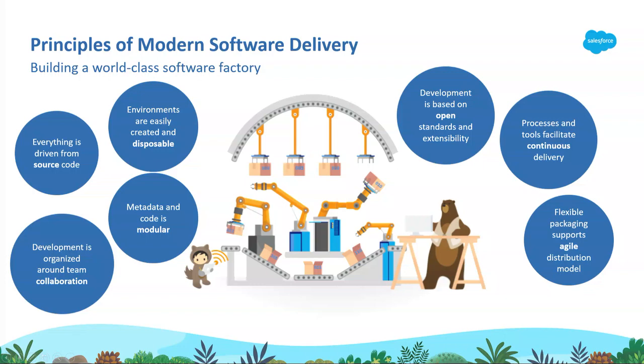The more modular we make our code, the less dependency it has on other code bases, which means that we can update just a section of code and still help ensure that we haven't broken any other parts of the code base. We also want our source code to be disposable, our environments to be disposable as well. And this really lends itself well to the continuous delivery and continuous integration models.